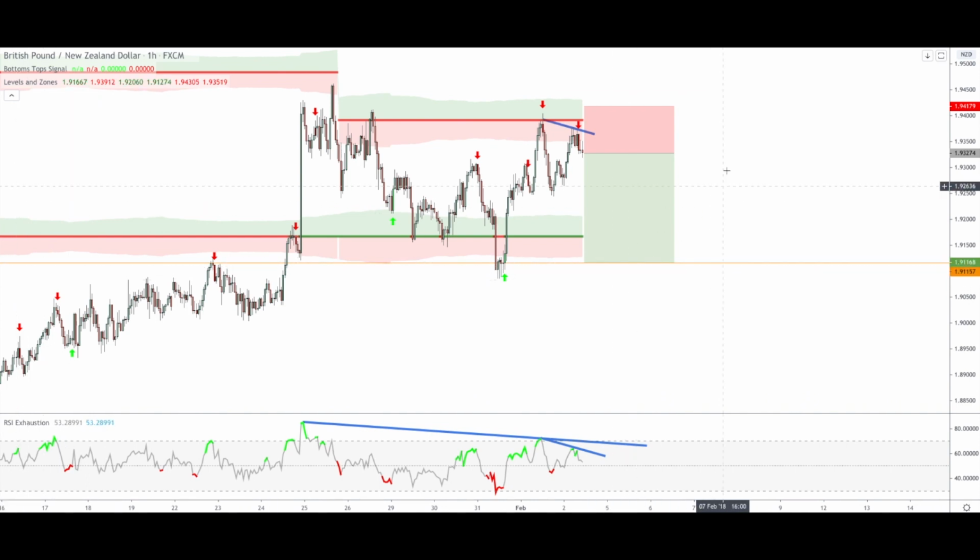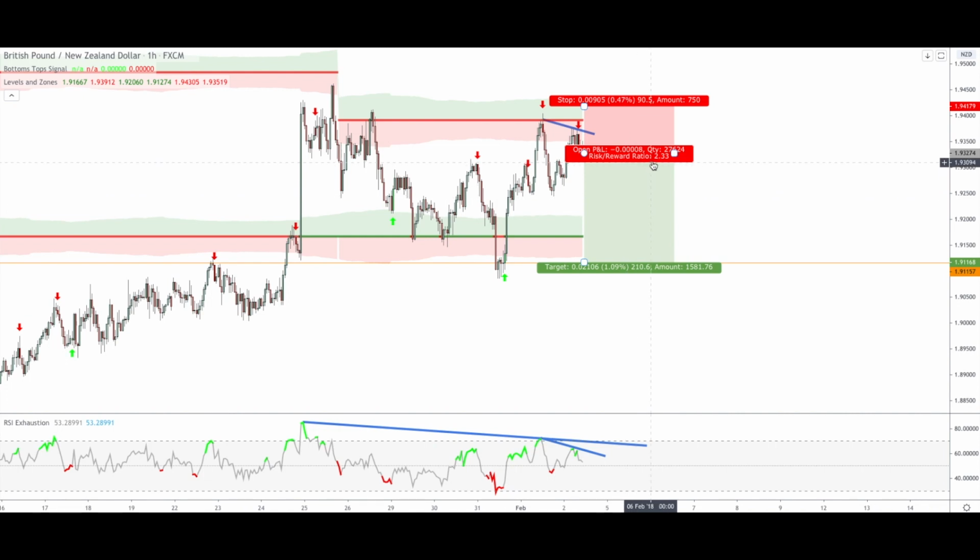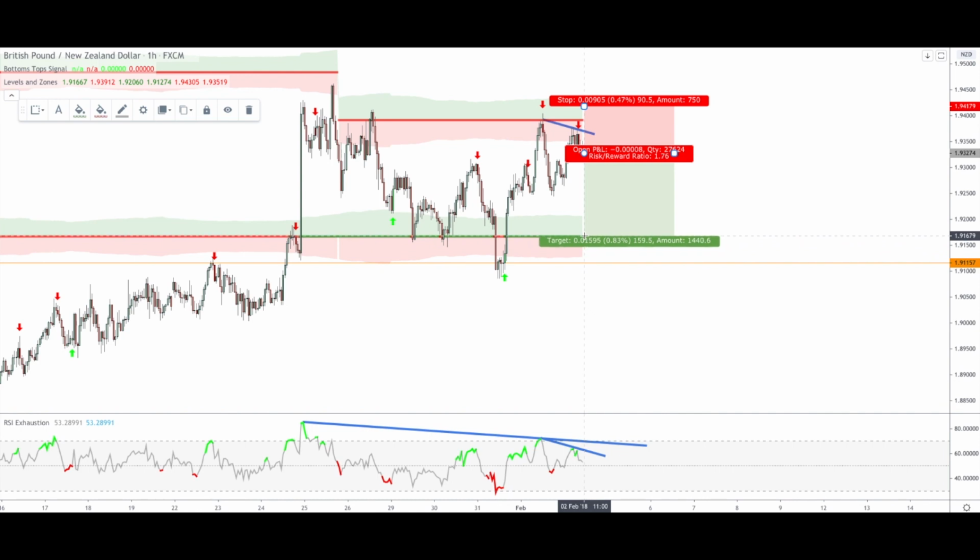So what you can do in this case, the risk reward is above 2, which is usually my minimum, so it's 2.33, which is okay. If you want to be more conservative, you can set the target here. In this case, the risk reward is less than 2, in which case I usually don't take the trade.